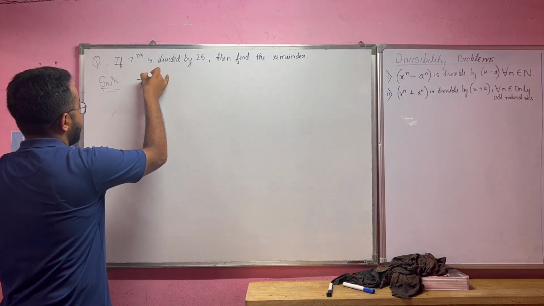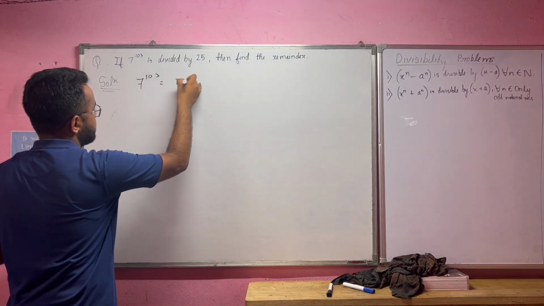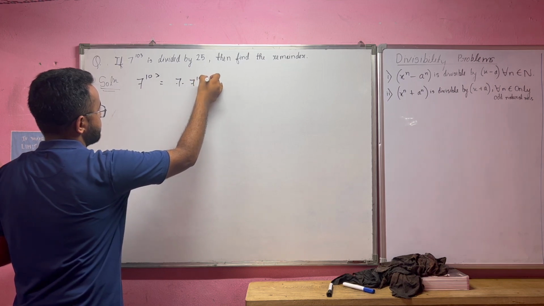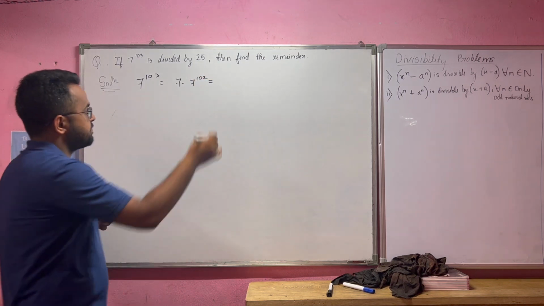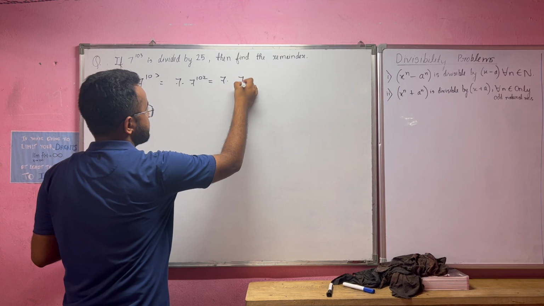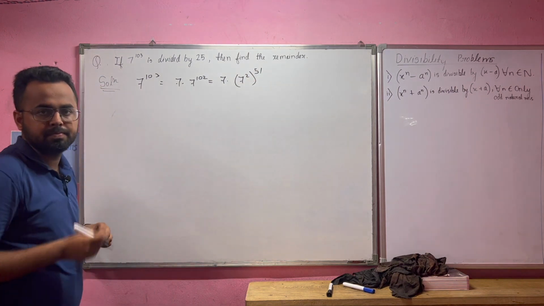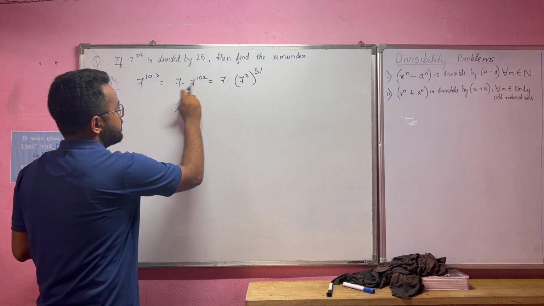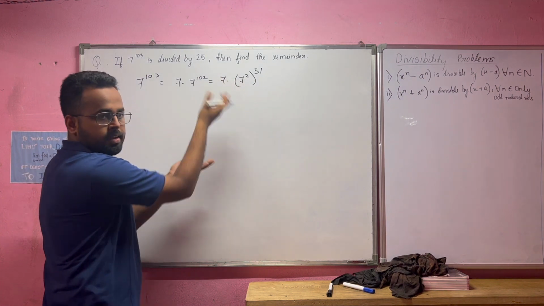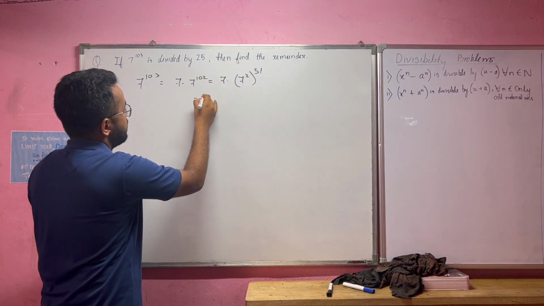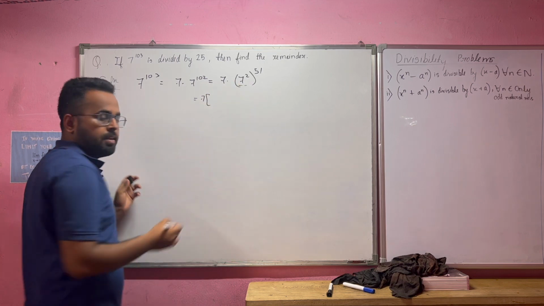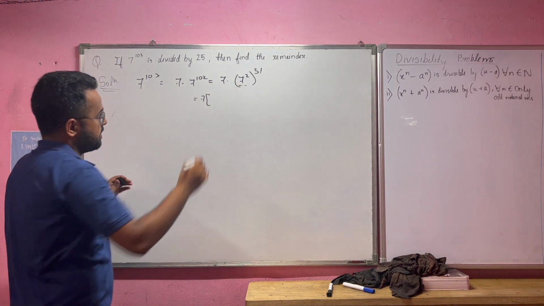So can I write it as like this? This is easy. 7 square into 2 into 51 is 102. So 7 square is 49. 49 can be written as 50 minus 1.